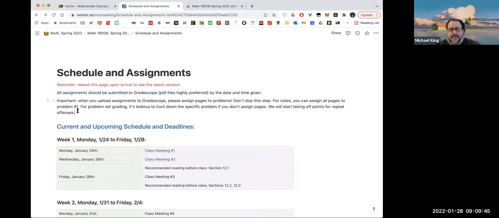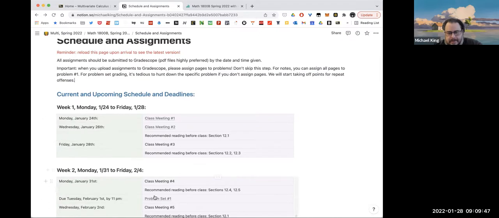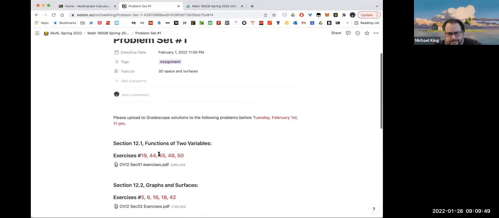So if we look at the problem set, we'll have like 12.1 number 44, and you can click on that and then click on the page or pages that your answer's on. What that means is that the system knows where your answer to 12.1 number 44 is.